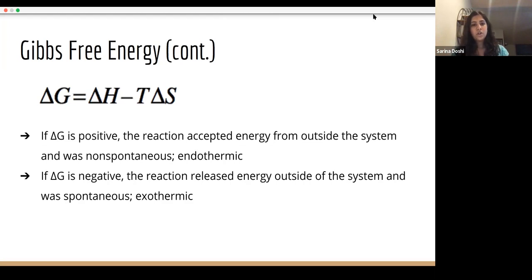Okay, so just as the universe favors disorder, it also favors spontaneous reactions. Anything that can occur without an input of energy is a spontaneous reaction. It's anything that can just occur on its own. So reactions that are spontaneous are generally exothermic.